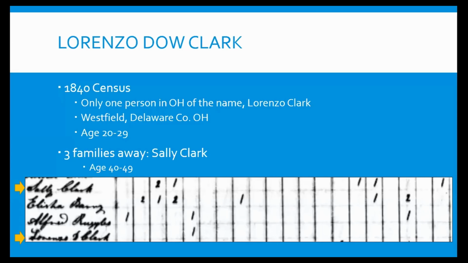And then she has a number of children in her household, probably her own biological children, but we cannot say that for sure based on this information alone. So at this point, we've got a guy that could be the same guy who was in Seneca County in 1850, but we don't know that for sure. But this is the only clue we have right now, so we have to keep following it. What can we find out about this Lorenzo Clark in Delaware County and this Sally Clark who lives nearby?